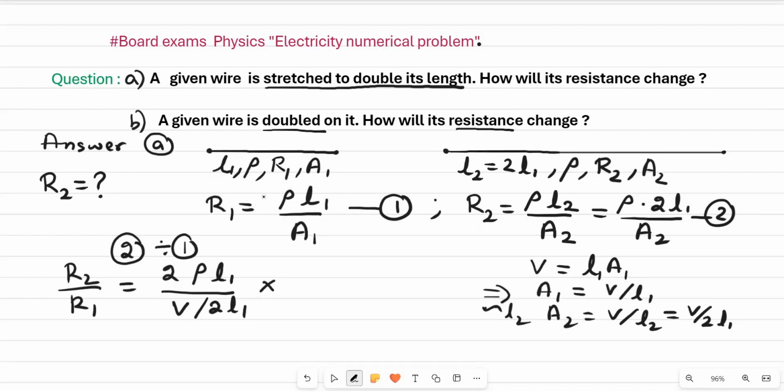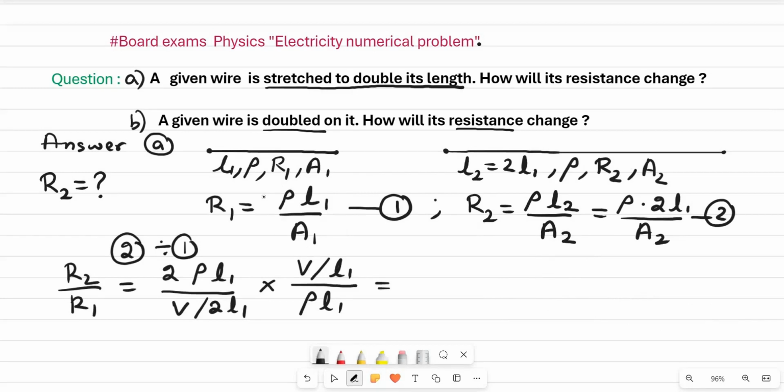For R1, we will multiply by the reciprocal of R1's right hand side equation, from equation 1. That is going to be A1 divided by rho L1. And what is A1? A1 is V by L1. So V divided by L1, that is A1, by rho L1. So this is the expression.